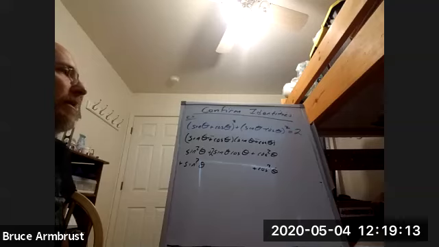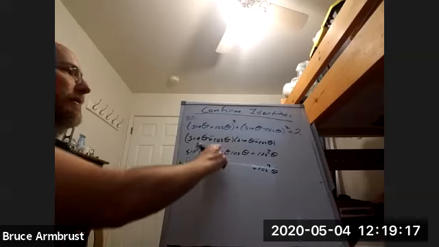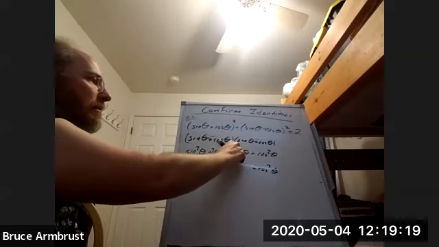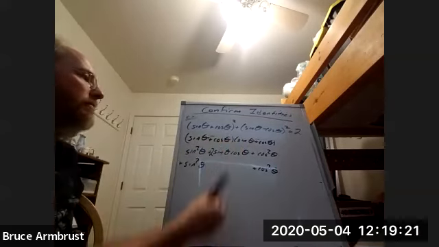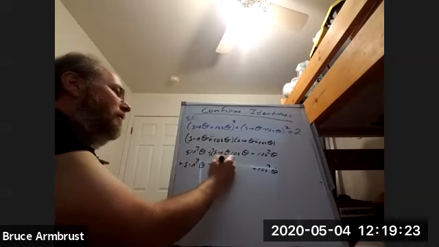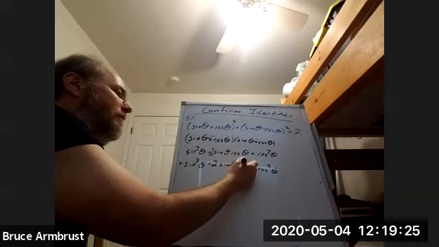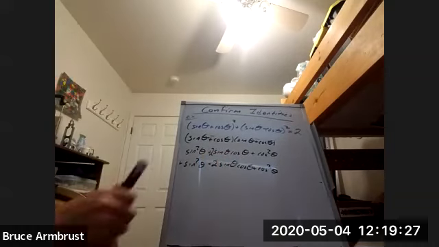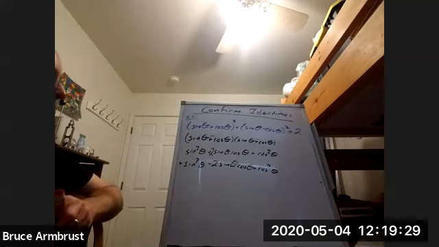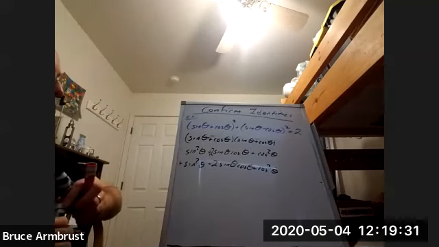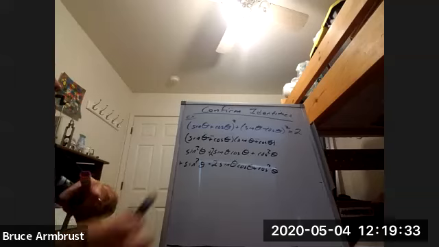And then if we look at the OI part, the outside and the inside, that's going to give us minus sine cosine, which is another minus 2 sine times cosine. So let's add those things together.